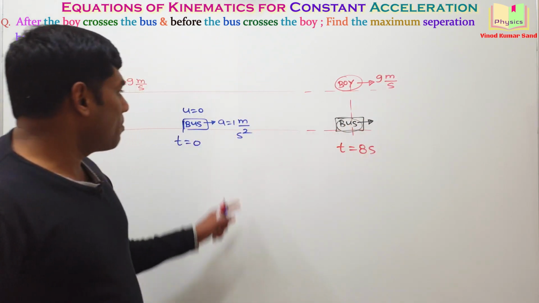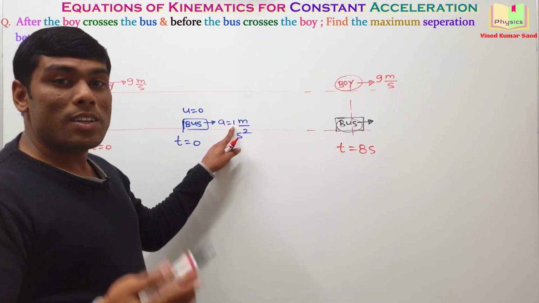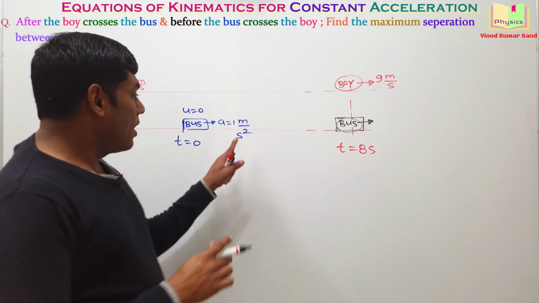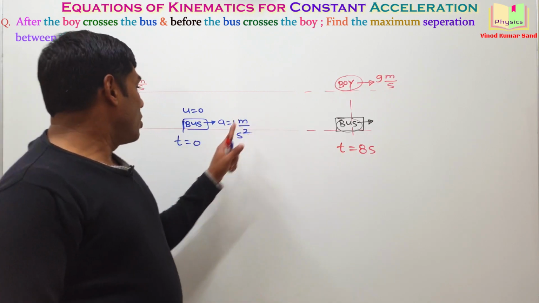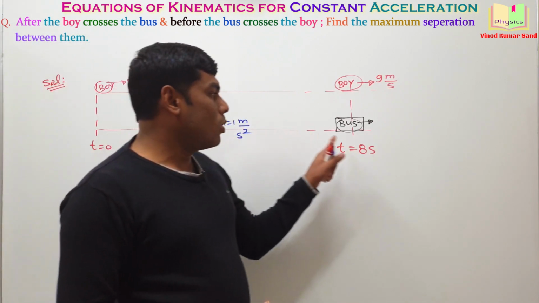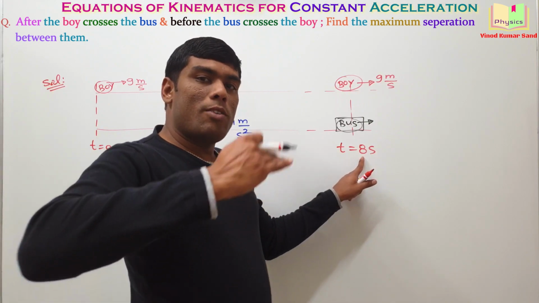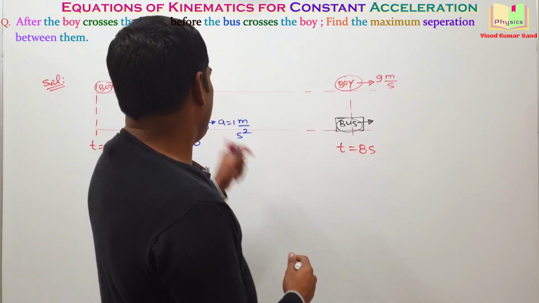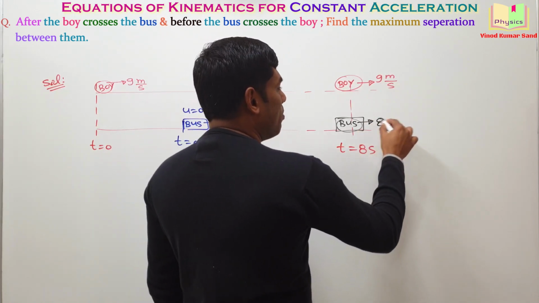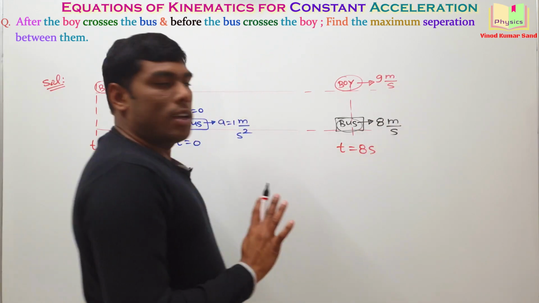We can easily simplify. Acceleration is 1 meter per second square. What does it mean? Every second, the speed increases by 1. So starting from t is equal to 0, at t is equal to 8 seconds, every second it is increasing by 1, 1, 1, so at t is equal to 8 seconds, the speed of the bus will be 8 meter per second. Is it okay?